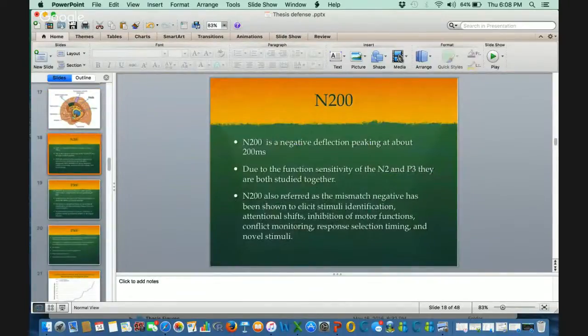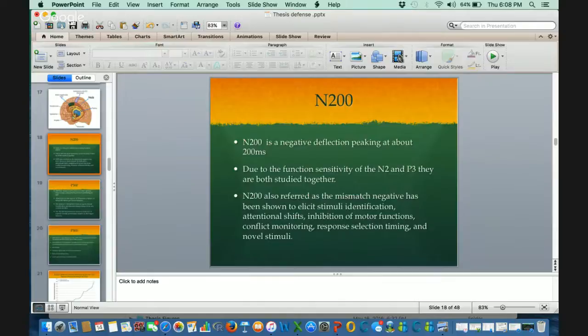The N200, when we look into the EEGs, we see a negative deflection peak at about 200 milliseconds to 300 milliseconds. And due to the sensitivity of both, they're typically studied together.